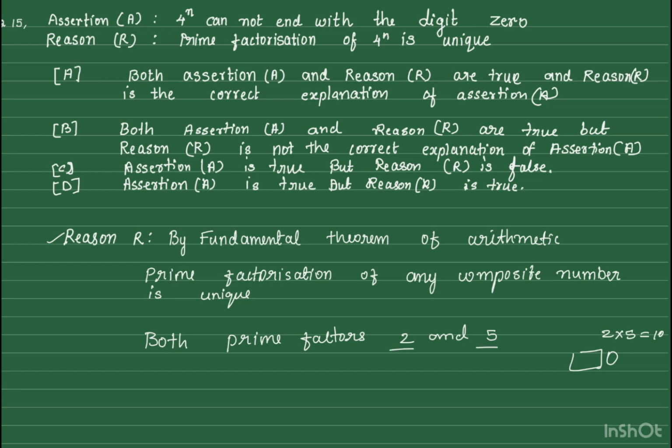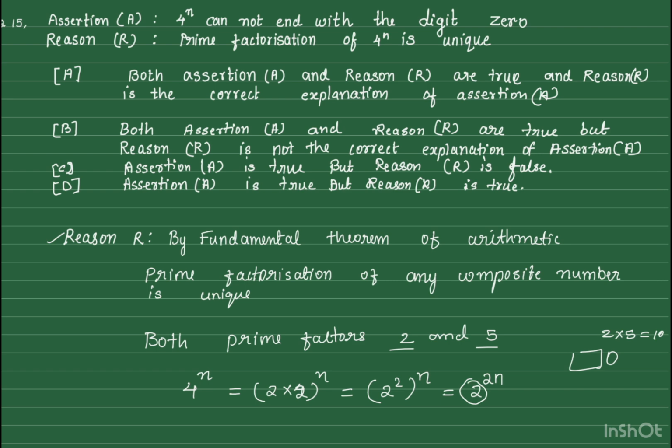So 2 and 5 must be contained in the prime factorization of the number. In 4 raised to n, we can write 4 as 2 squared, so (2 squared) raised to n is equal to 2 raised to 2n.